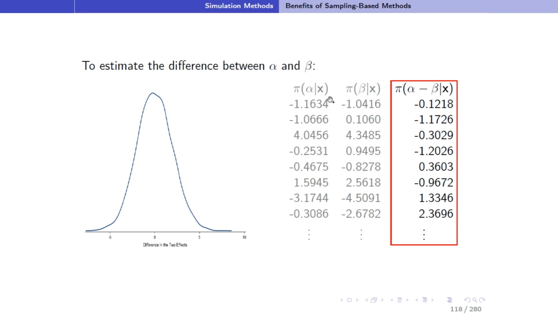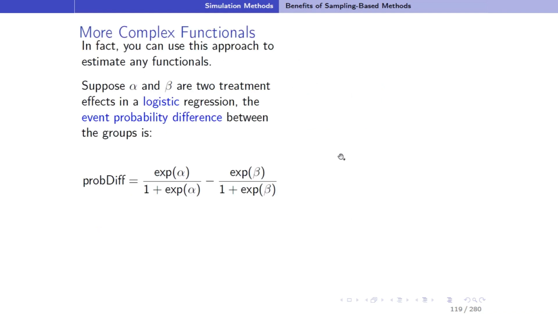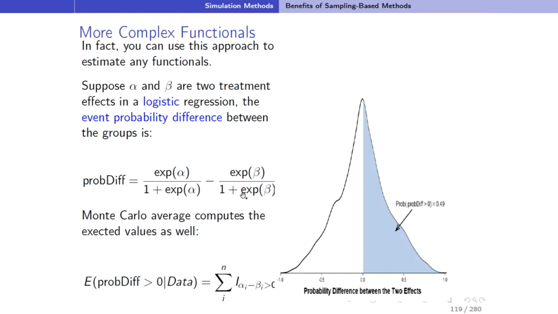So for example, if I have alpha and beta, I can compute the distribution of alpha minus beta just by computing the function for each pair. You can do differences as complex as you want. You have your function, you plug in every value, and you get a distribution.